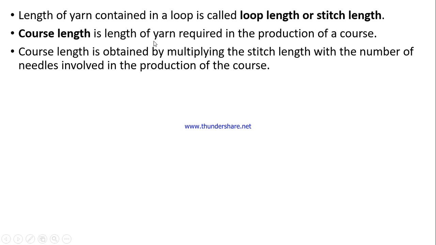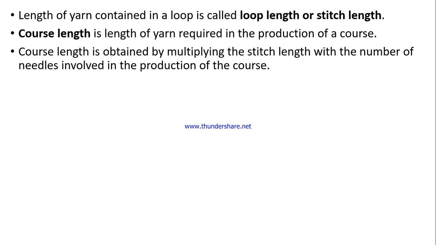The course length is the length of the yarn required for the production of a course. In a knitting cycle, the length of the yarn required to prepare a complete course is called the course length. So course length can be obtained by multiplying the stitch length or loop length with the number of needles involved in the production of the course.